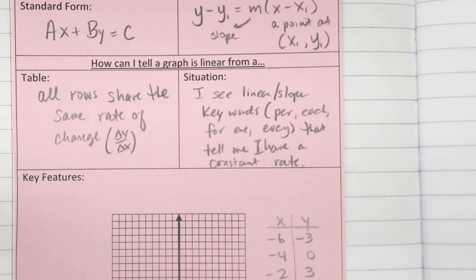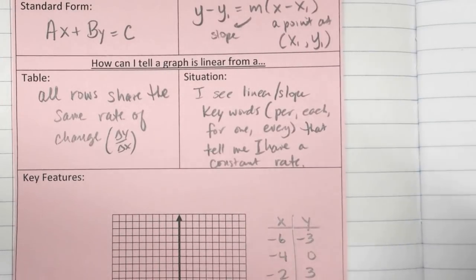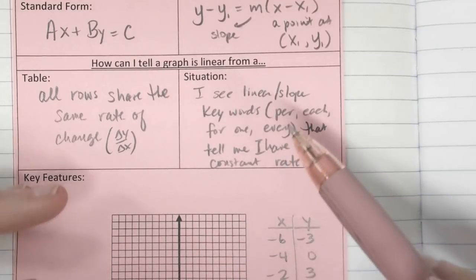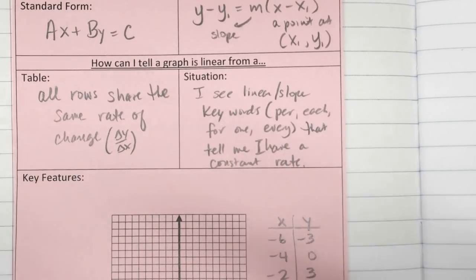So when I'm looking at a situation and I see those linear keywords like per, each, for one, every, those tell me I have a constant rate. That constant rate means I'm linear.